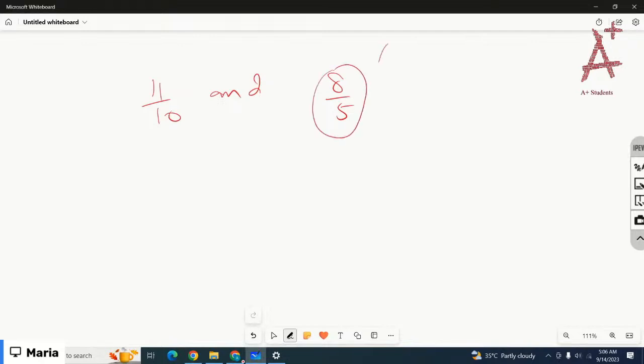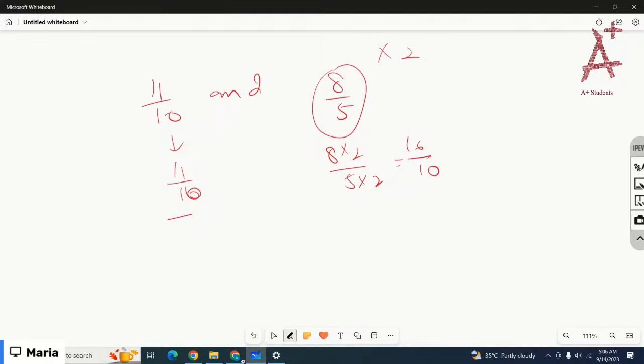Here you have 5. 5 times 2 makes 10. You have to multiply this fraction by 2. That would be 11 over 10, and here you have to do 8 times 2 divided by 5 times 2. So when you multiply this fraction by 2, it is 16 over 10.